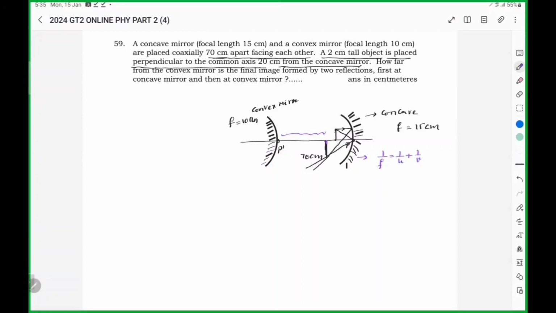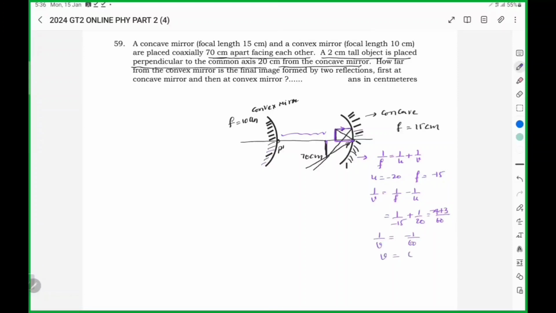Object rays are traveling towards the right, distances will be measured from the pole. The object is here, so the object distance u is minus 20. Focal length is also towards the left, that is minus 15. So 1 by v is equal to 1 by f minus 1 by u, which is minus 1 by 15 plus 1 by 20. 1 by v is minus 1 by 60.